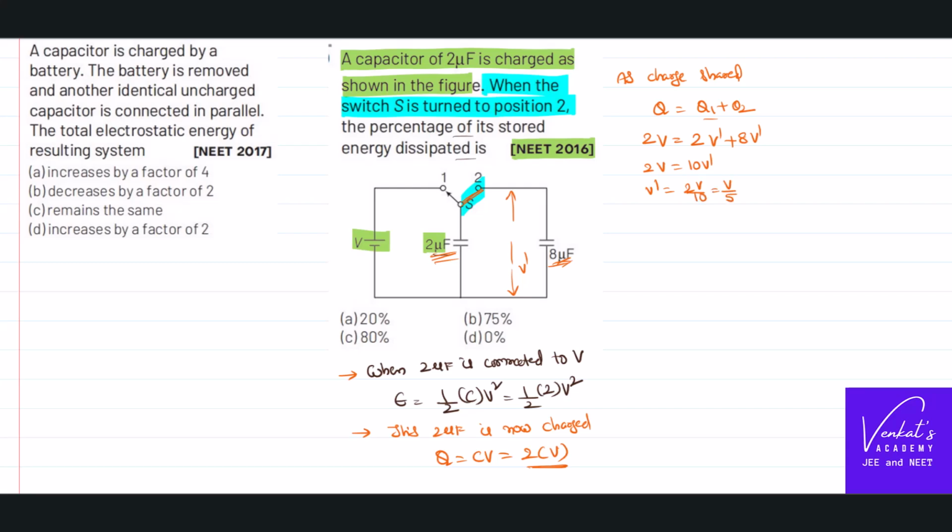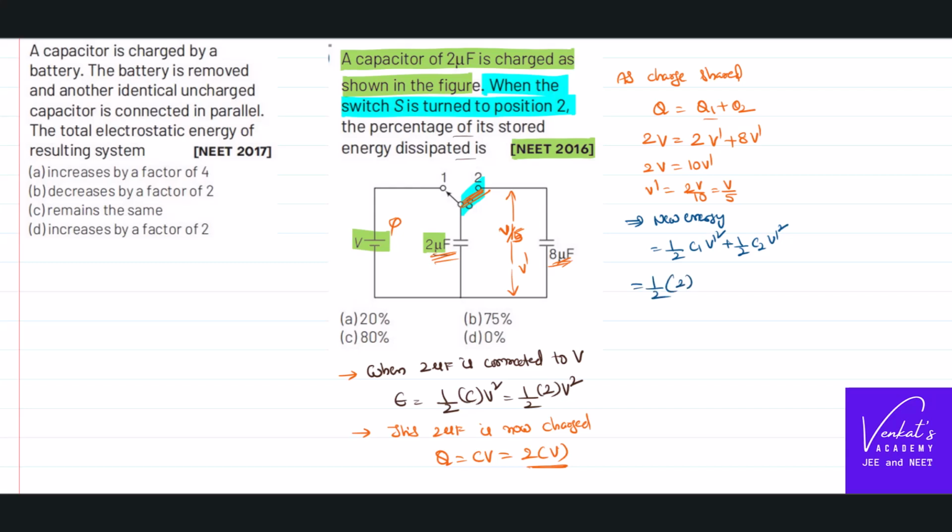That means when this is disconnected and these two are connected, across each capacitor there is a voltage developed, that is V by 5. As voltage is developed now, energy is also developed. The new energy is half C1 V dash square plus half C2 V dash square.